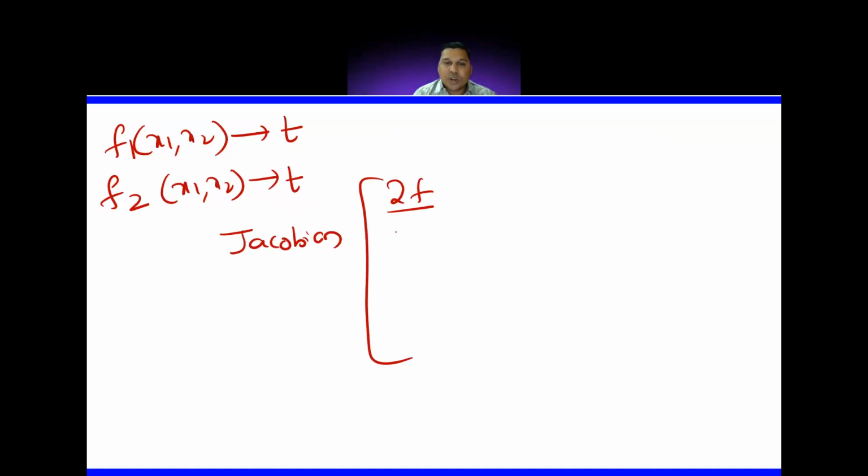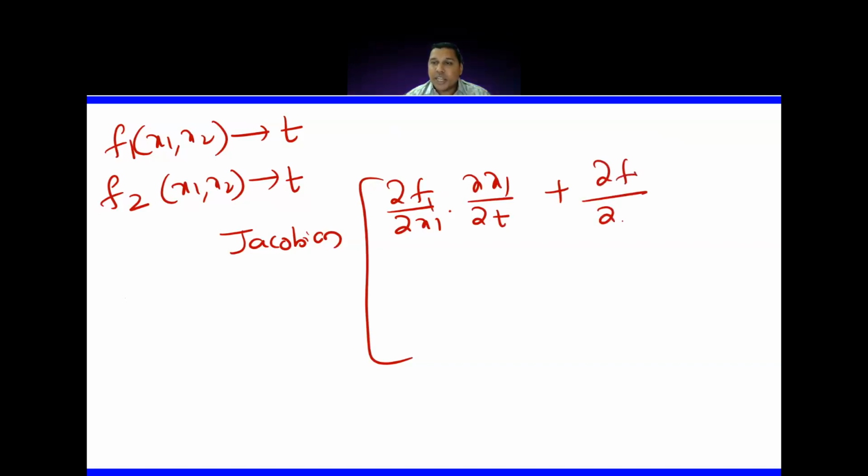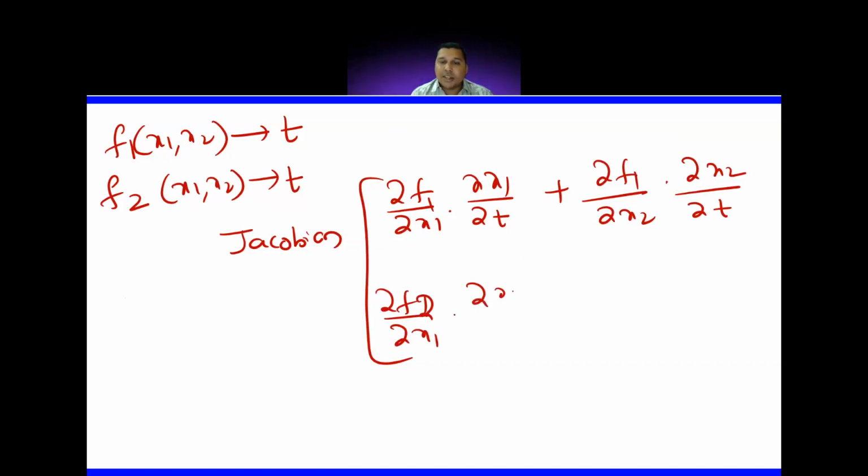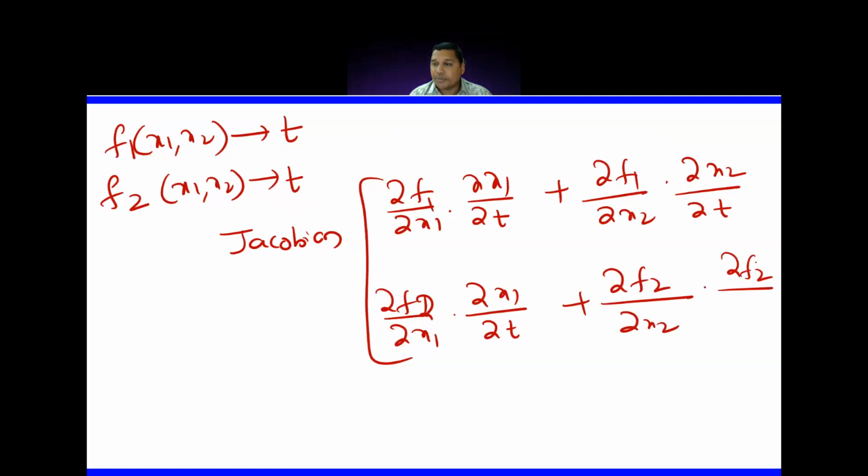∂f1/∂x1 times ∂x1/∂t. We have seen this already, the chain rule. Plus ∂f1/∂x2 times ∂x2/∂t. Next, ∂f2/∂x1 times ∂x1/∂t plus ∂f2/∂x2 times ∂x2/∂t.